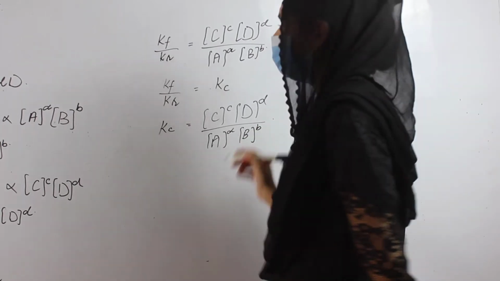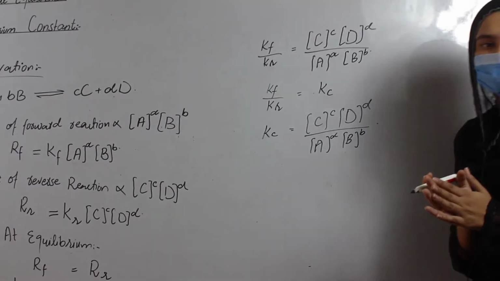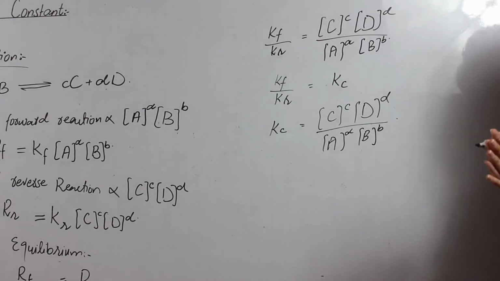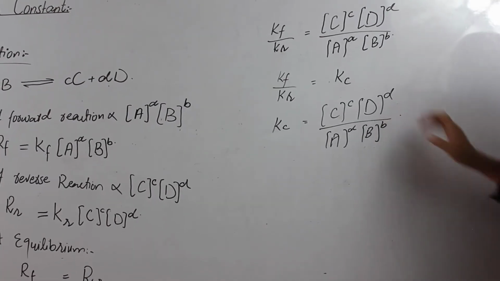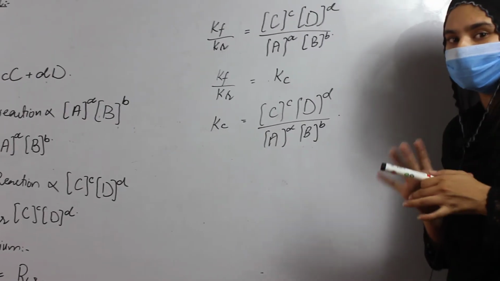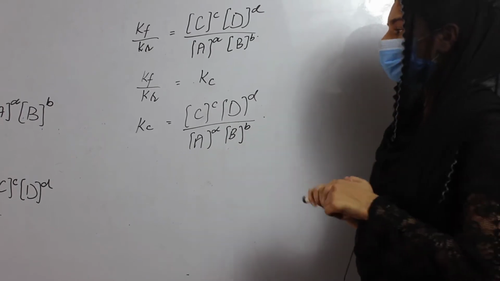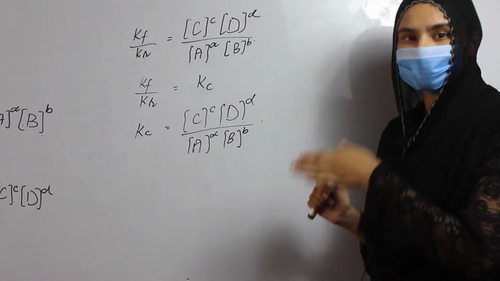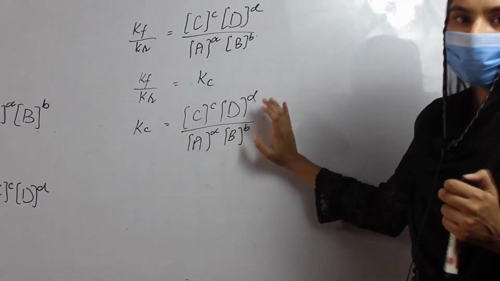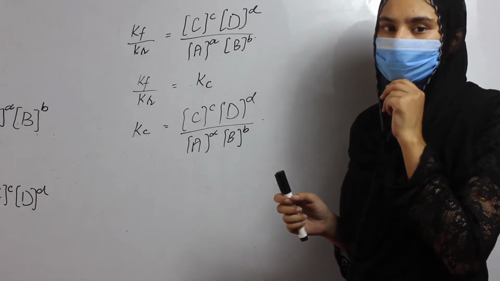This expression is the same as the law of mass action expression, but the new and different thing is the coefficients. In the case of the law of mass action, we just deal with reactants and products, but in the case of the equilibrium constant expression, we deal with the number of moles of the reactants and products. But they have the same expression as the law of mass action.